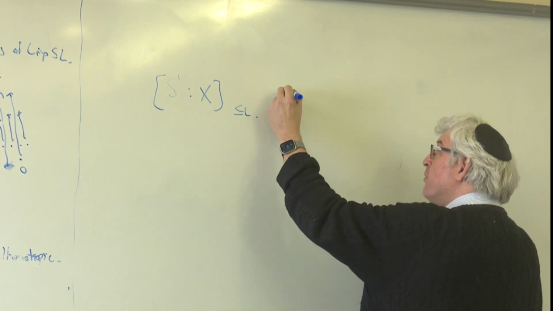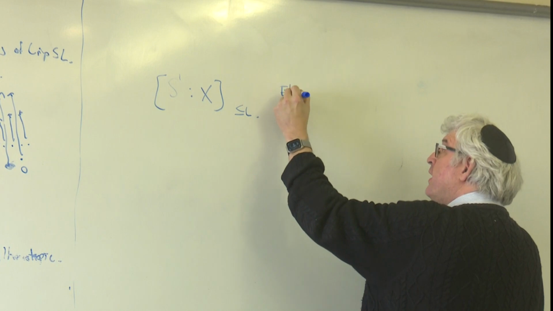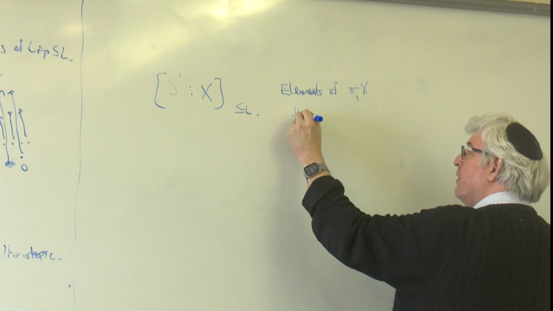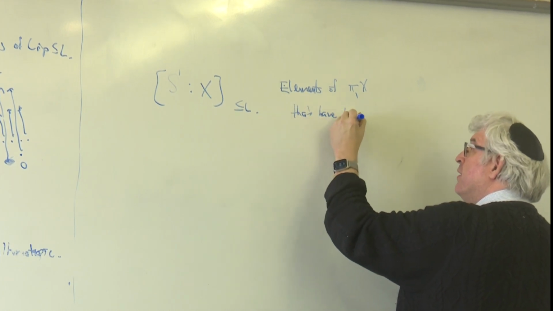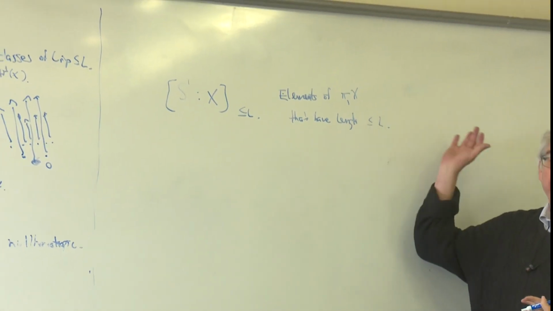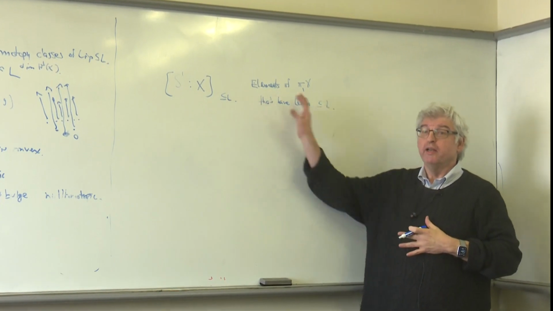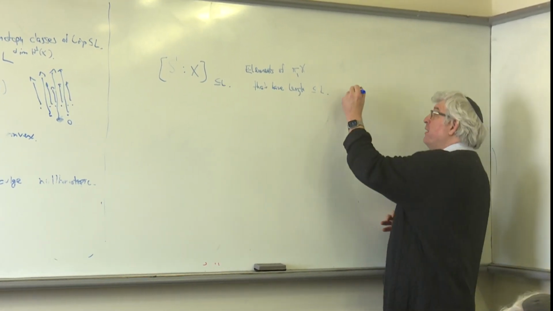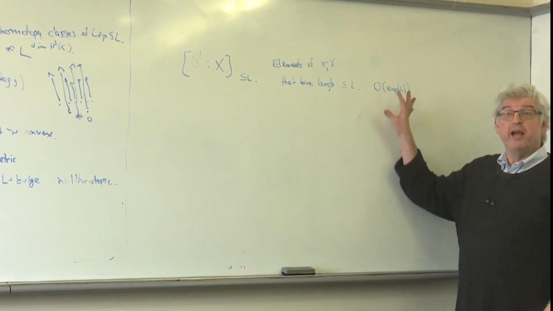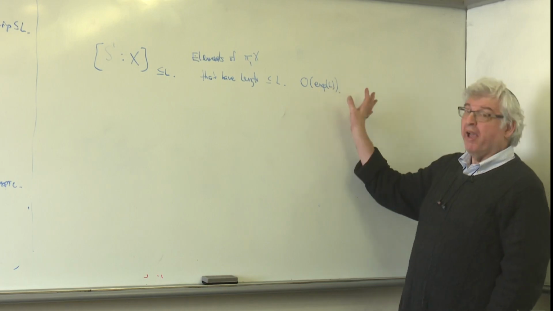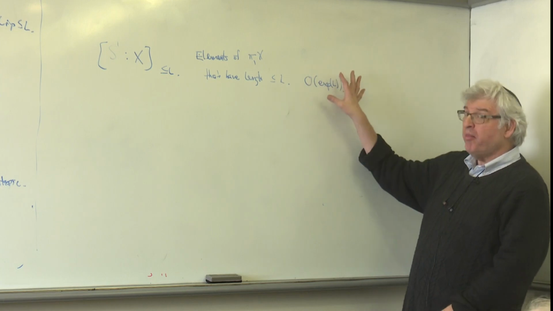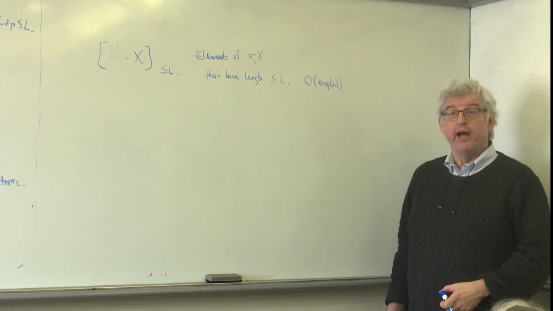These are sort of the elements of the fundamental group of X that have length at most L. I mean, that's more or less the translation of it. Okay, and we know that this is exponential in L, right? And as we proved last time, or if you know about growth of groups, you know this fact. Okay, right? So that's the amount of stuff. But is there anything else that's going on?